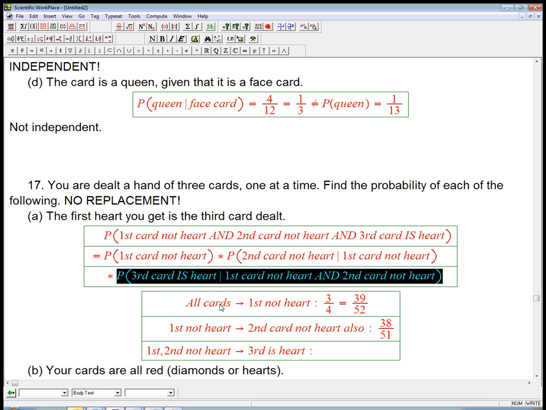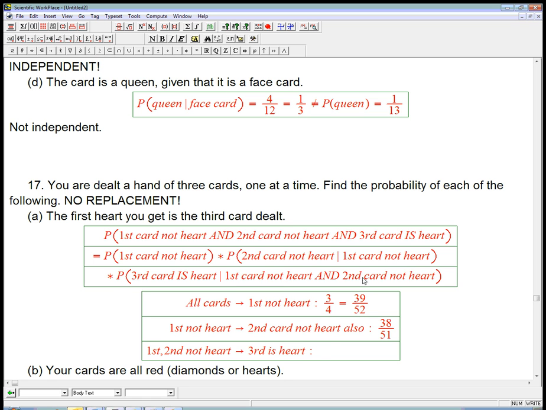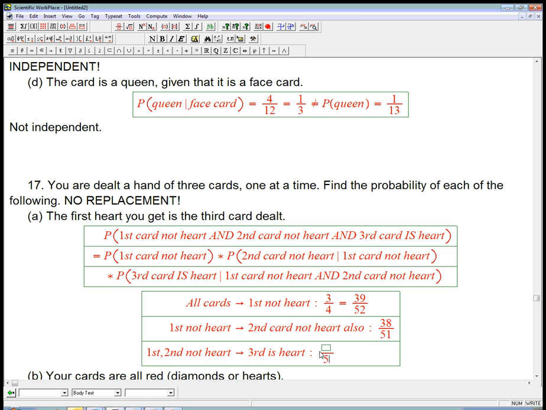We know that the first card is not a heart and the second card is not a heart. So we've got 50 cards left, and we want to know how many hearts are left. Well, these were both non-hearts, so we've got 13 hearts still left in the deck. So the probability at this stage is 13 out of 50.